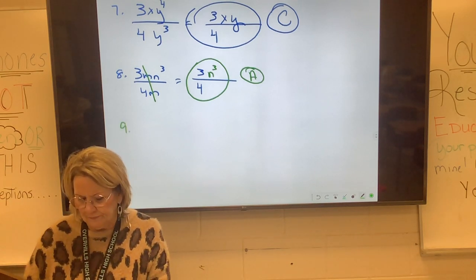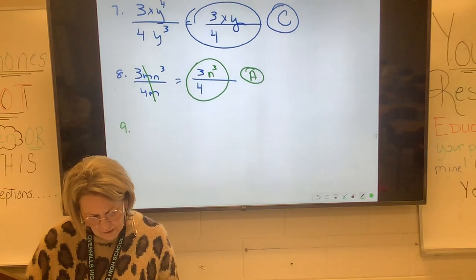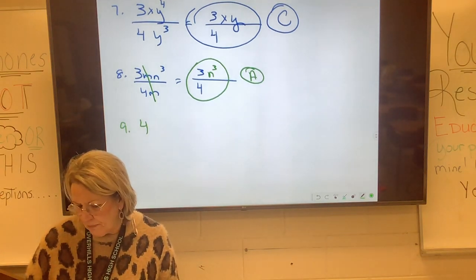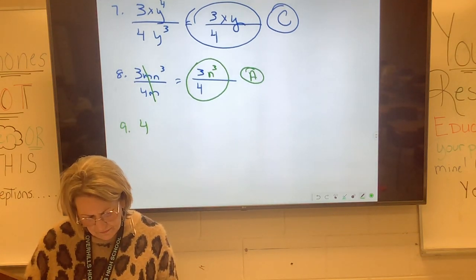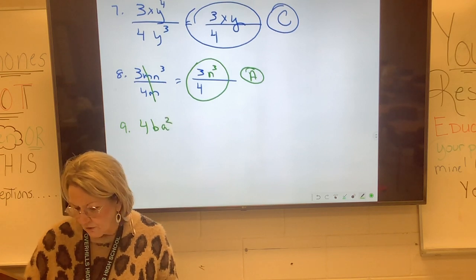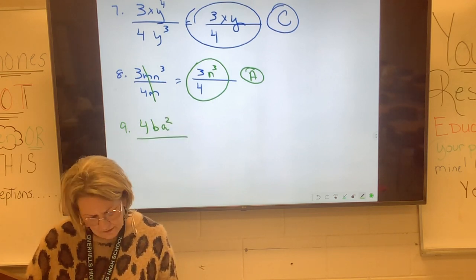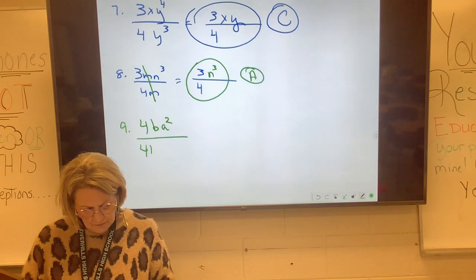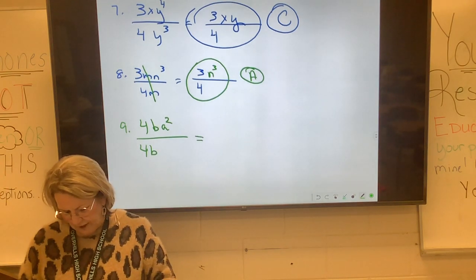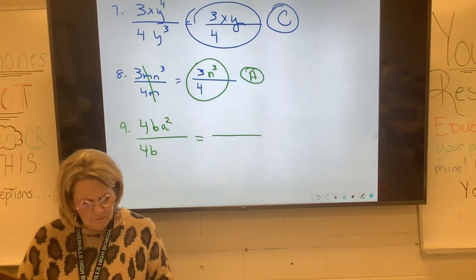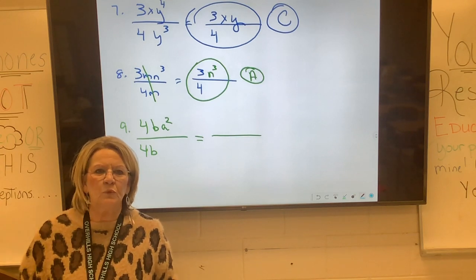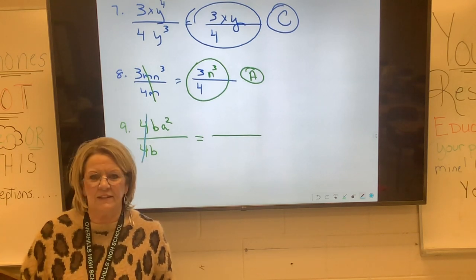Number 9. 4ba^2 over 4b. Okay, before I do anything, get my fraction bar up there. My 4 over 4 equals 1, so it simply cancels out.